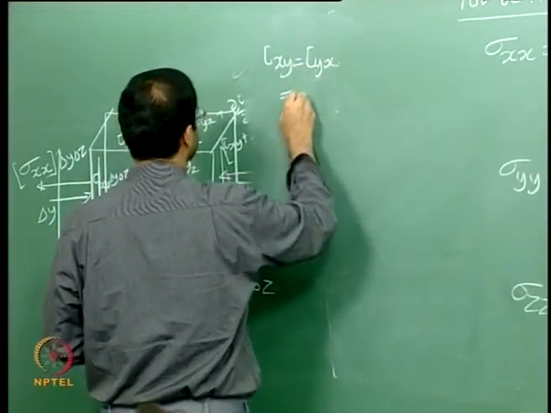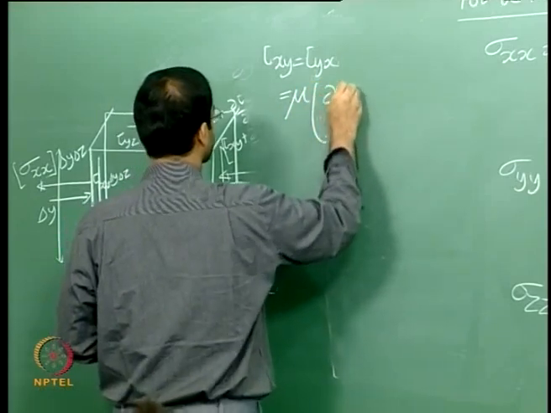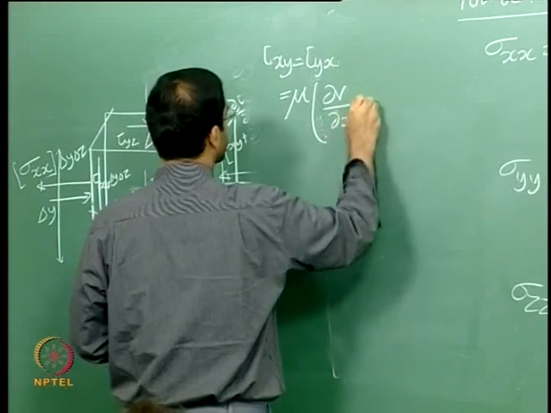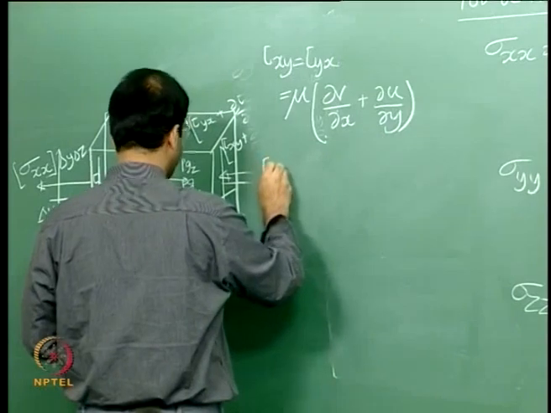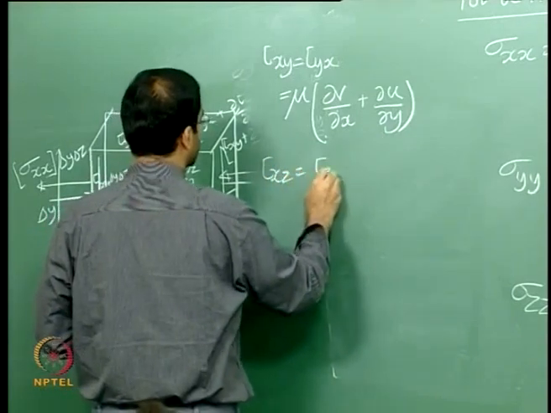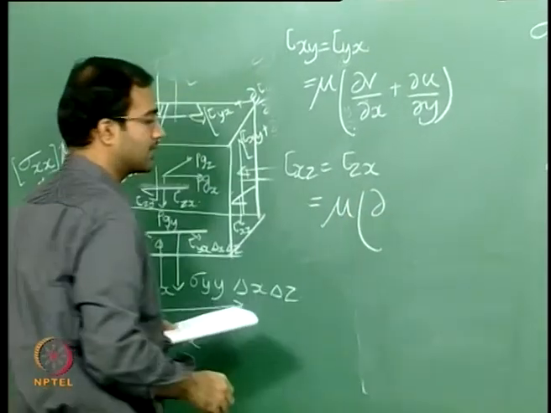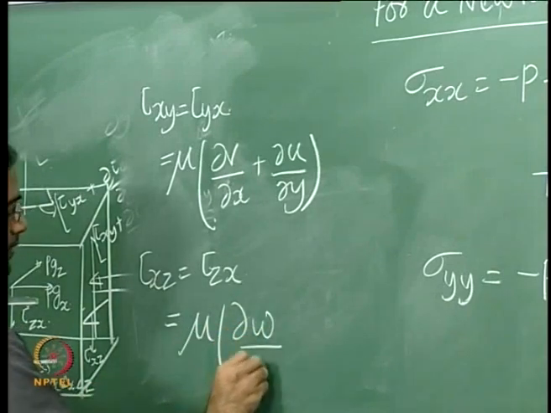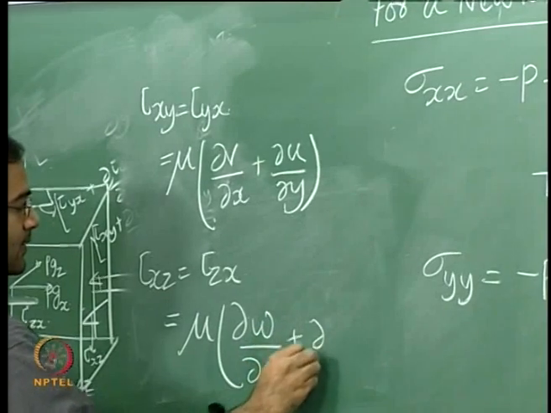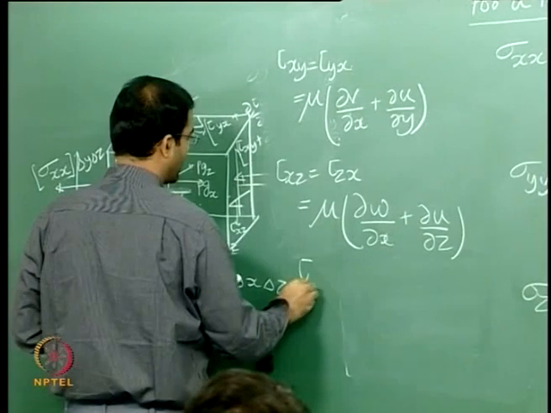Now that is given as a relation between the stress and the strain rate as nu times dv by dx plus du by dy. Similarly, tau xz should be, can you guess the terms here? So dw by dx plus du by dz. Okay, good.